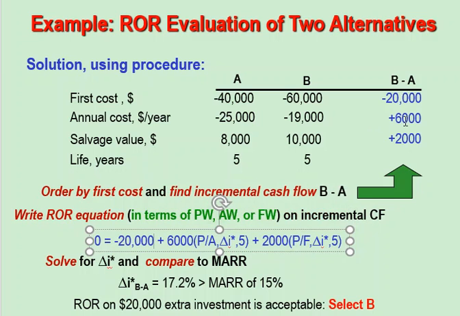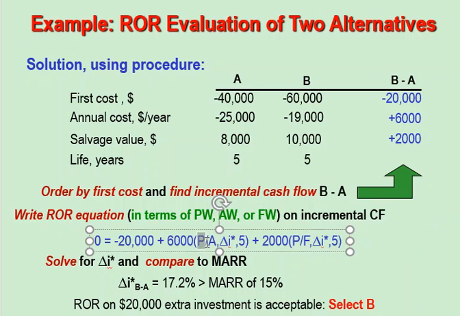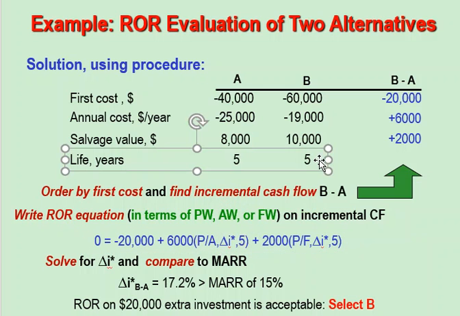$6,000 now, it is annual cost per year. So I have to transfer it from A to P, for how many years? 5 years is given. Now the last one is the salvage value.